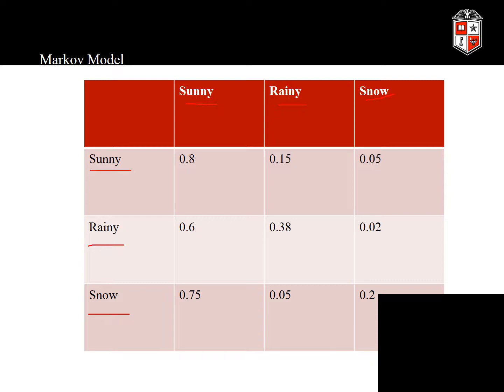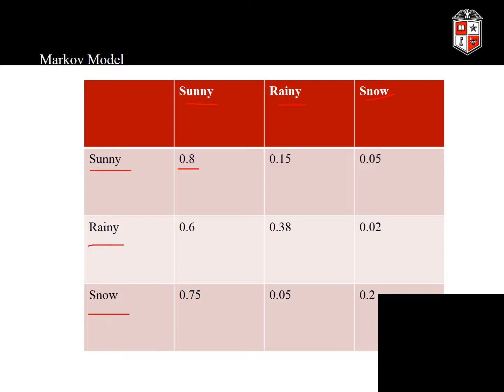What this probability transition matrix indicates is if today is sunny, then with a probability of 0.8, or 80%, tomorrow will be sunny as well, and with a probability of 0.15, or 15%, tomorrow will be a rainy day, as well as with a probability of 0.05, or 5%, tomorrow will be a snow day.